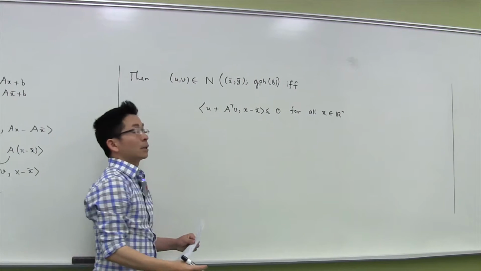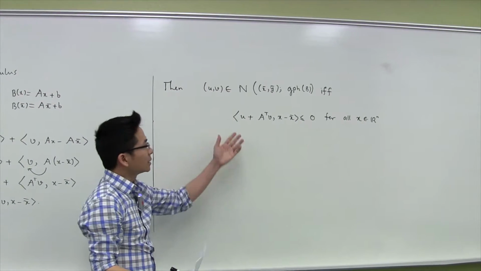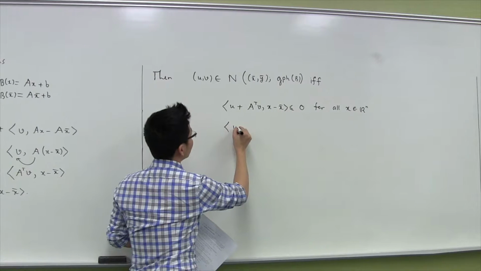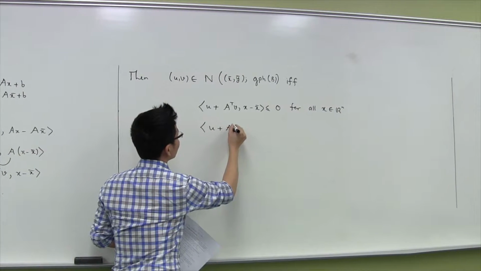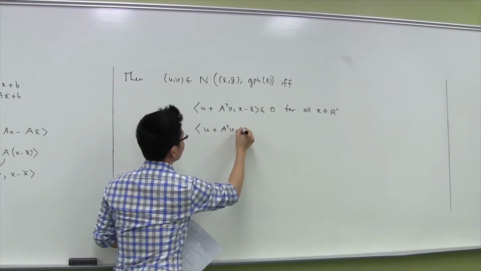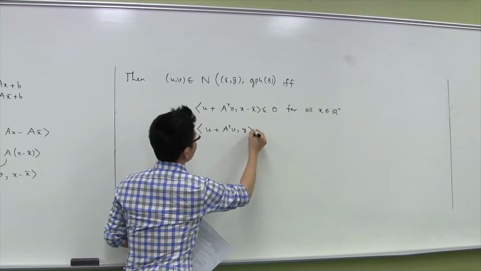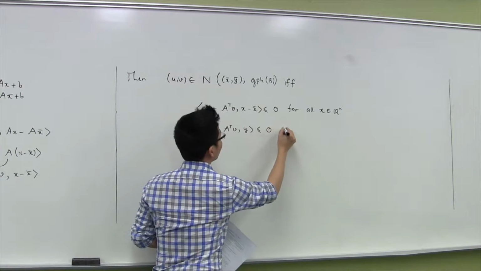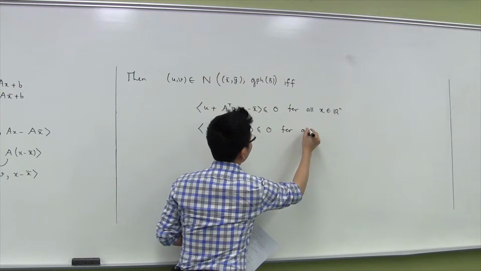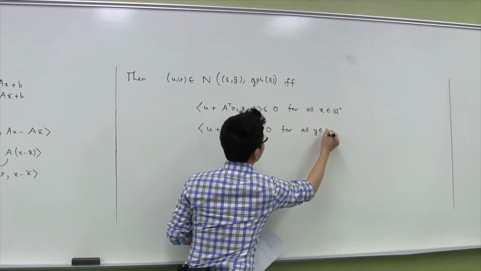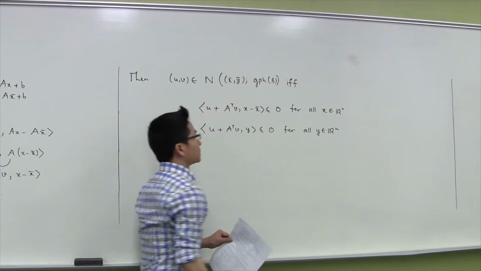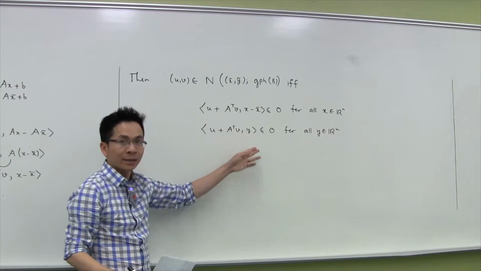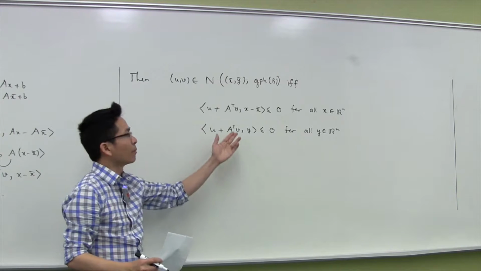Okay? Note that this condition is equivalent to the following. The inner product of u plus A transpose times v, y is less than or equal to 0 for all y in Rn. Now, if this is true for an element y, this is also true for minus y.